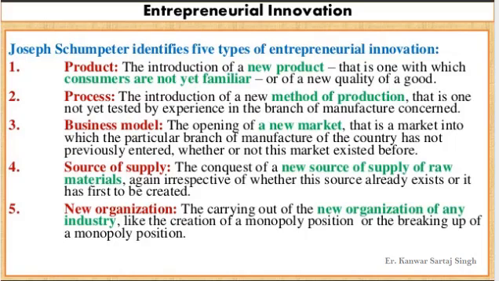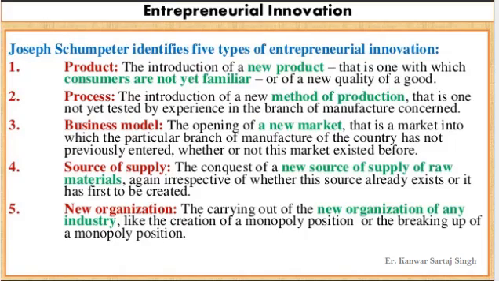First is product, the introduction of a new product, that is the one which consumers are not yet familiar with. Process, there is a new method of handling something, and such a method has not been tested before.